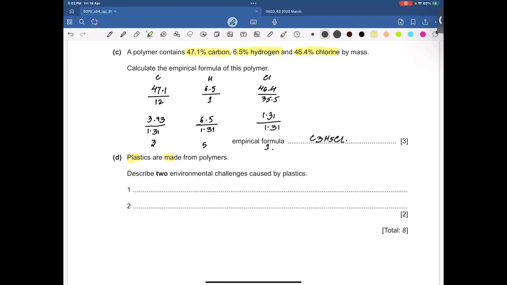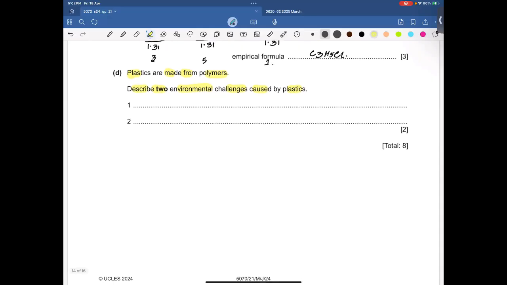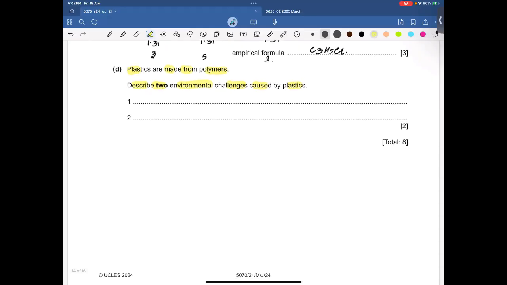Plastics are made from polymers. Describe 2 environmental challenges caused by plastics. So plastics को use करने के बहुत सारी environmental challenges हैं. First, valuable landfill sites are consumed by plastic dumping.